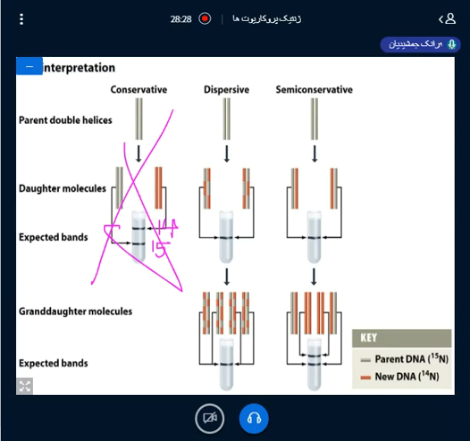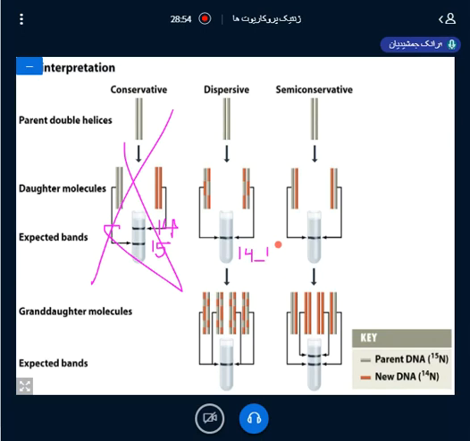Okay, thank you. So let's go to dispersive. Dispersive means one part new, one part old, one part new, one part old. It means after the first replication, we should see one band, a combination of 14 and 15.